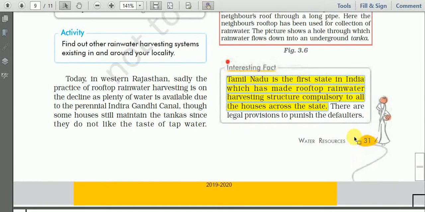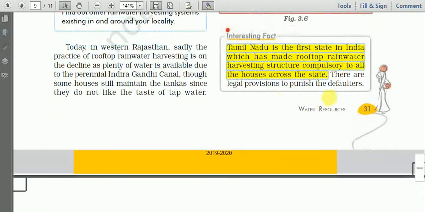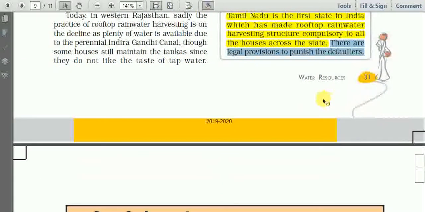That means every household must have a structure to collect and store rainwater. So this is an important information. There are legal provisions to punish the defaulters. Those who are not following the rule will be punished.